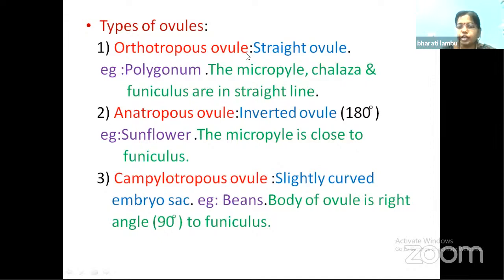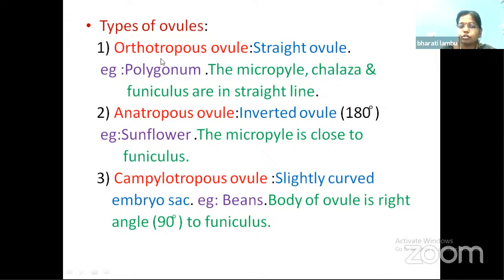Orthotropous ovule is also called atropous ovule. It is called a straight ovule, depending upon the position of micropyle, chalaza, funiculus. So, when the micropyle, chalaza and the funiculus are in a straight line, they are called orthotropous ovule.